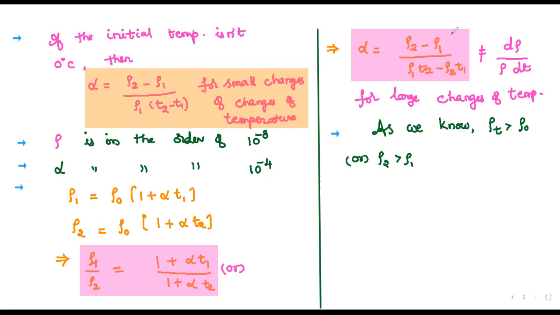If you substitute these values here, the numerator you will get positive, the denominator also positive. Positive by positive you will get alpha positive. Thus we can say alpha is not negative, it is positive.